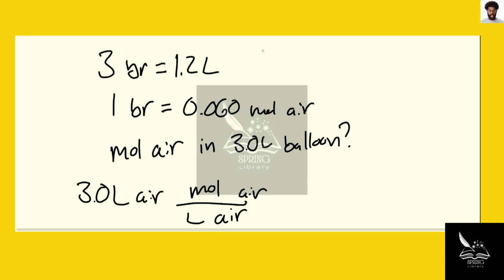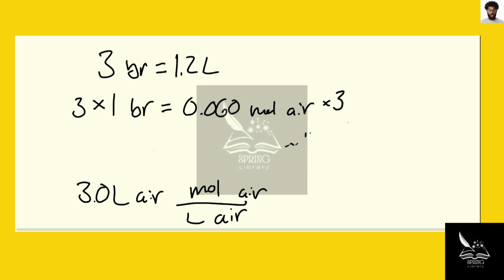So we've got a few different things that we can do, but I think maybe the most obvious is let's multiply both sides of this equation by 3. What's that going to tell us? It tells us that 3 breaths is equal to 0.180 moles of air.